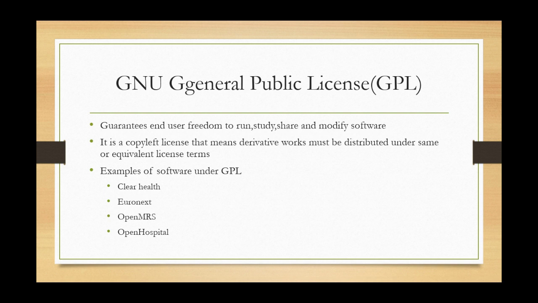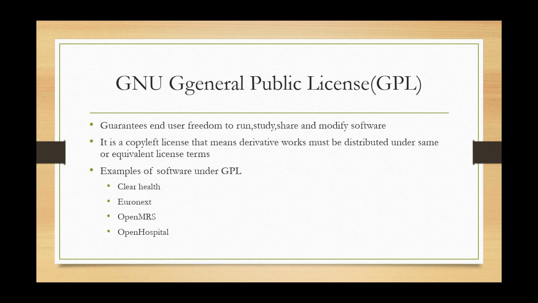So the GPL series are all copyleft licenses. That means that any derivative work must be distributed under the same or equivalent license terms. GPL was the first copyleft license for general use. So speaking of copyleft licenses, GPL was the first license.